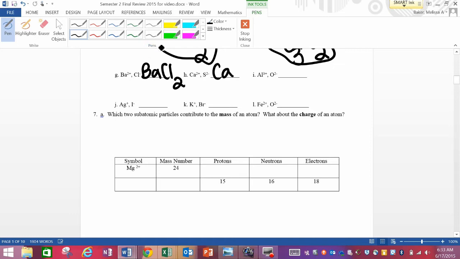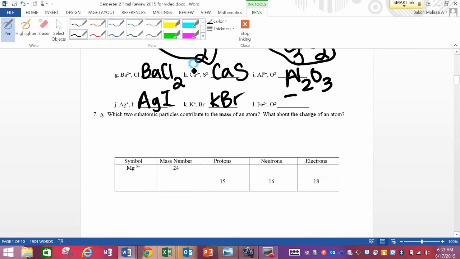BaCl2, +2 and -2 cancel out, so that's an easy one. Al2O3, once you crisscross. AgI, same here, KBr, and iron 2 oxide, those cancel out, so you can just write FeO.